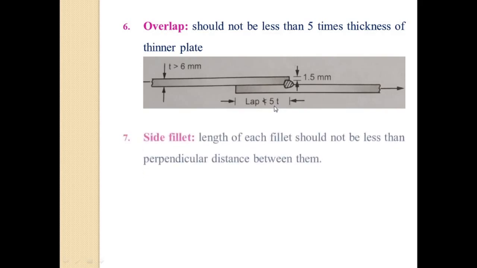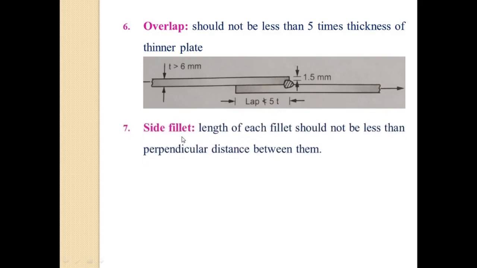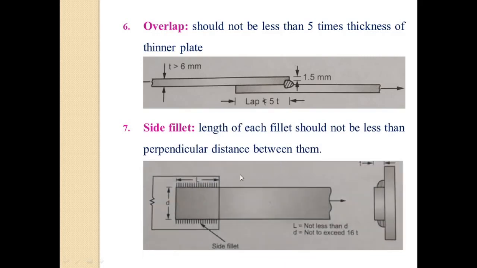Next is the side fillets. The length of each fillet shall not be less than the perpendicular distance between them. Here we can see L is the length of side fillet. Both side fillets have the length L, and D is the perpendicular distance between these two fillet welds.